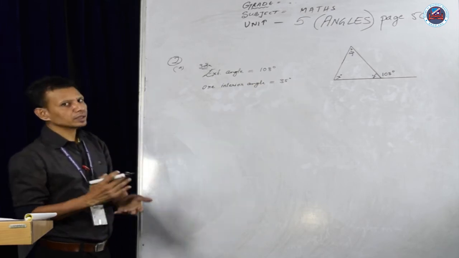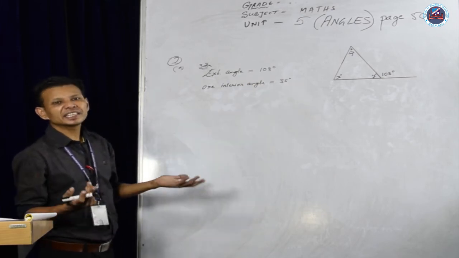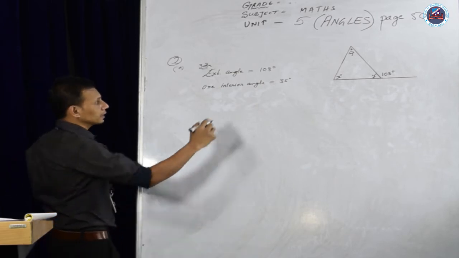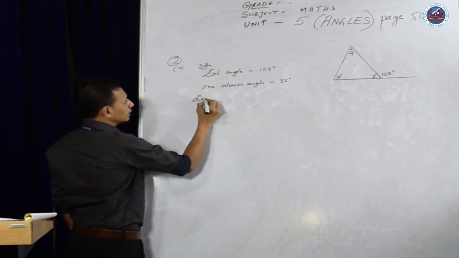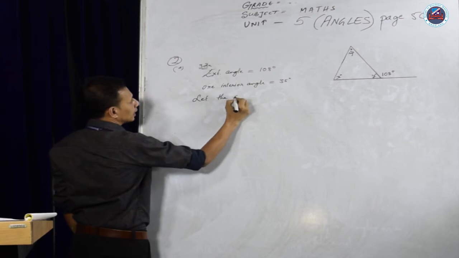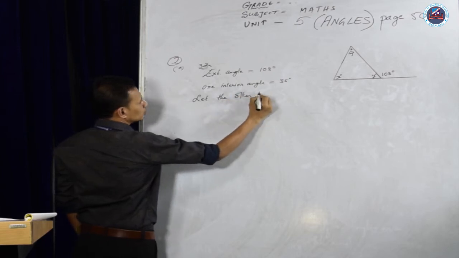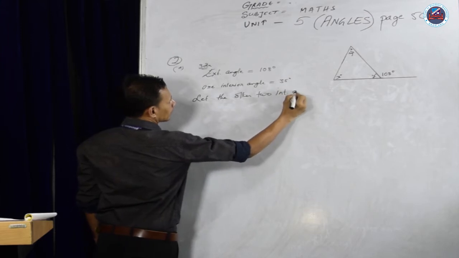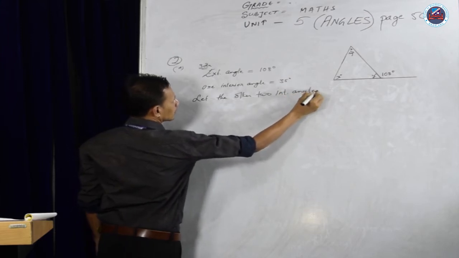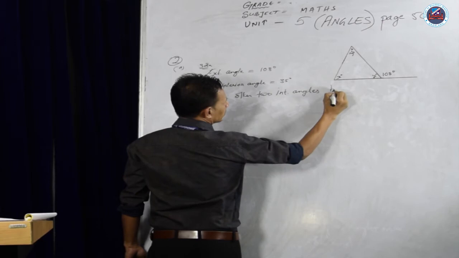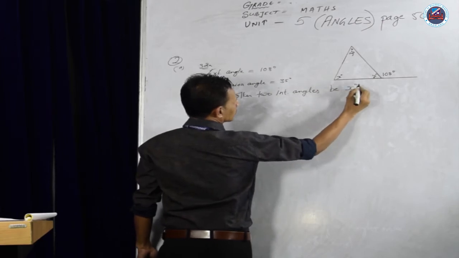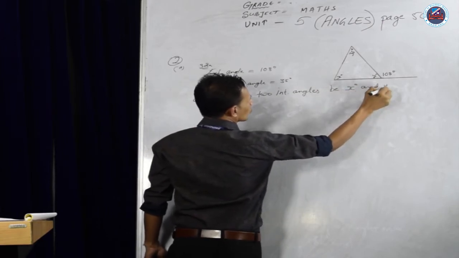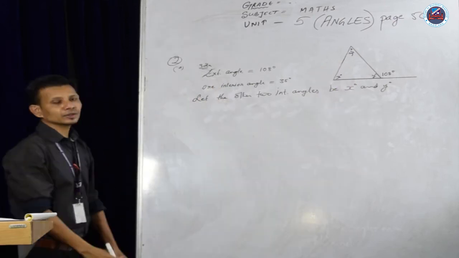You can write a and b also, or p and q, whatever. So let the other two interior angles be x degree and y degree. Yeah, we took x and y.